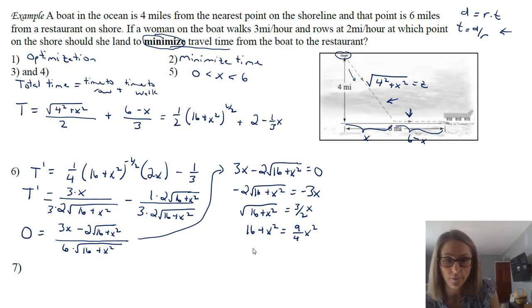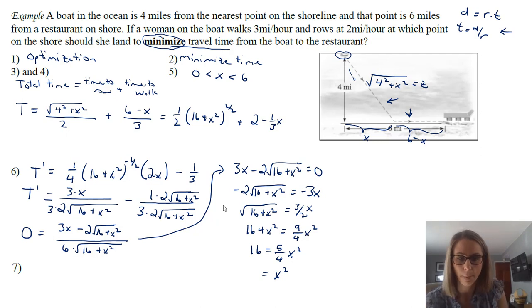Then I'm going to subtract the x squared to get 16 equals. So basically I'm subtracting 4 over 4 x squared to get 5 over 4 x squared. Then I will multiply both sides by 4/5.